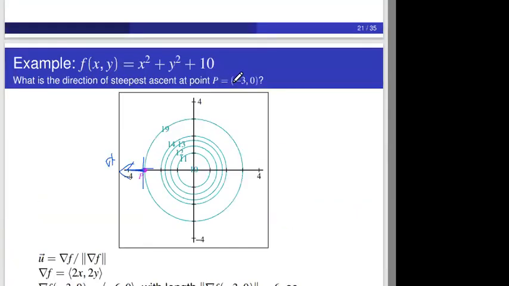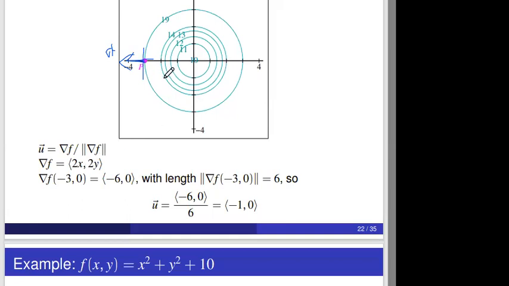The point is negative 3 comma 0. 2 times negative 3 is negative 6 comma 0. So this is the direction.